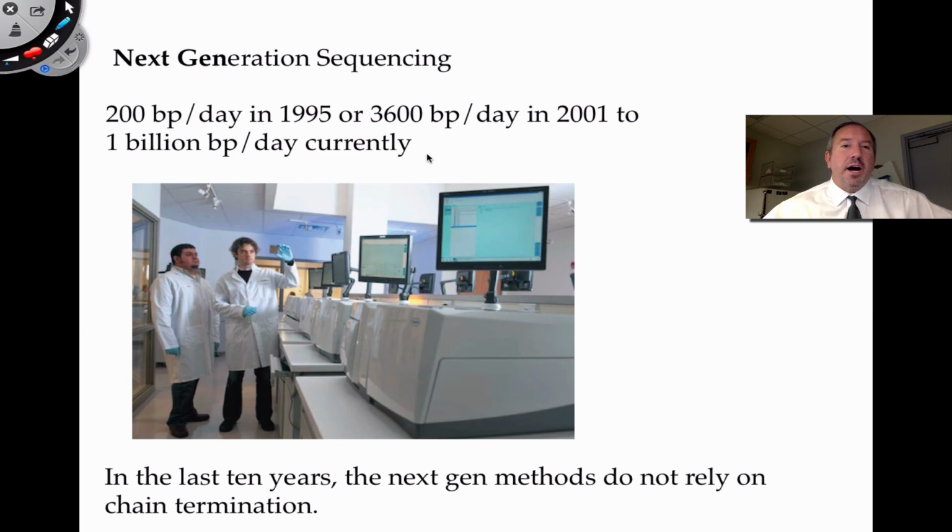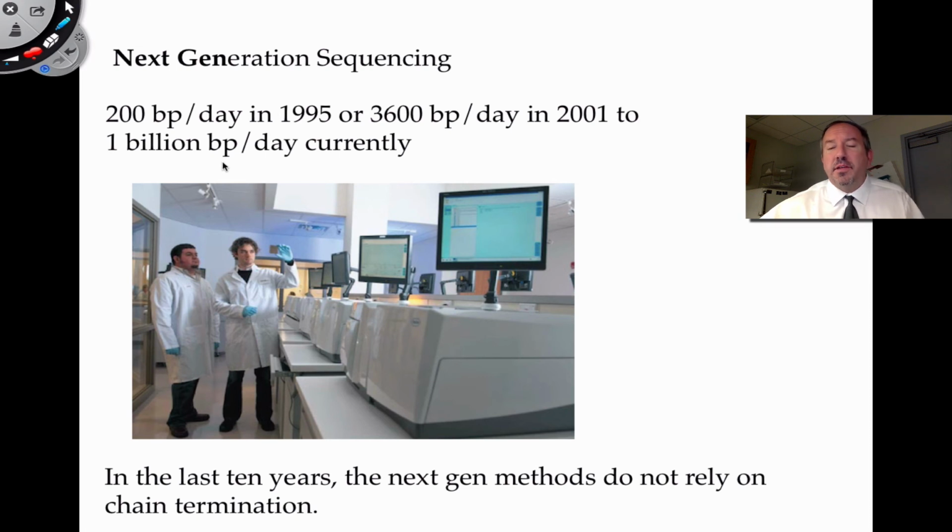It staggers the mind. Yesteryear, which doesn't seem that long ago for me, 1995, we were able to accomplish 200 base pairs in a day. Pretty impressive. And then in 2001, 3,600 base pairs in a day. Again, Sanger sequencing. We're now able to sequence 1 billion base pairs per day.